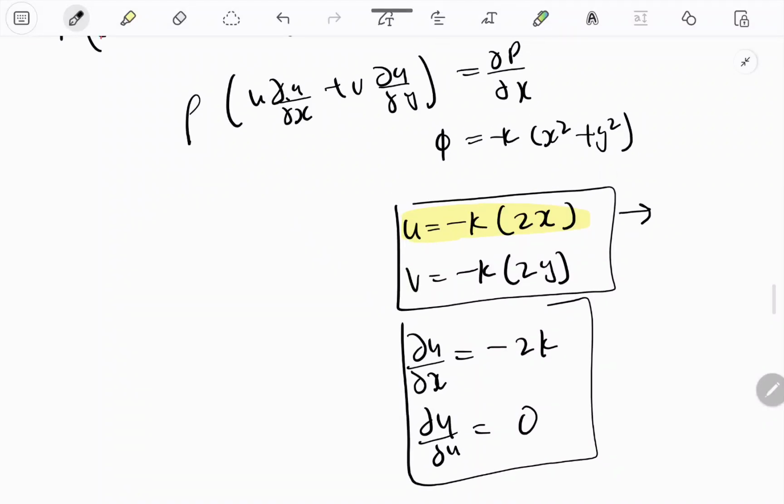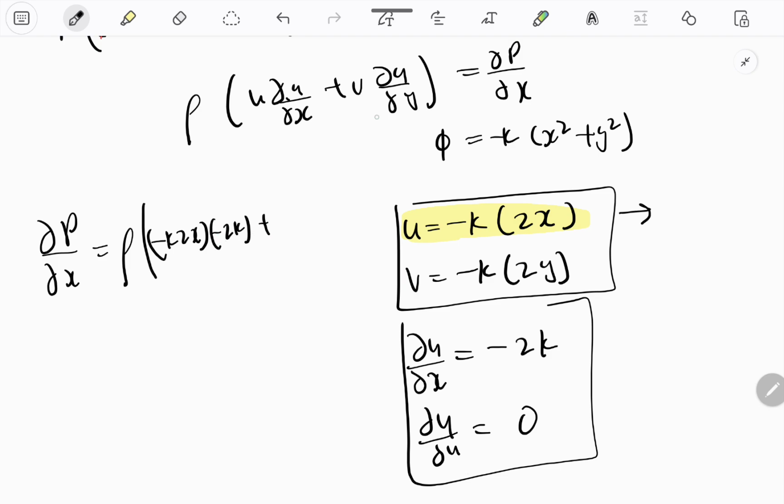These are our tools. Let's go back to saying our partial p in terms of x is going to equal density times u, and we know what u is. u is negative k times 2x. du in terms of x is going to be negative 2k, plus what is v.